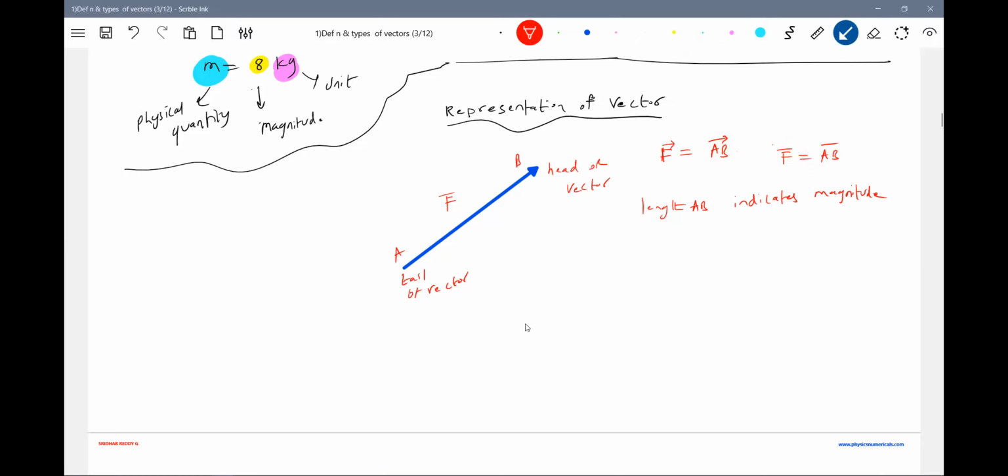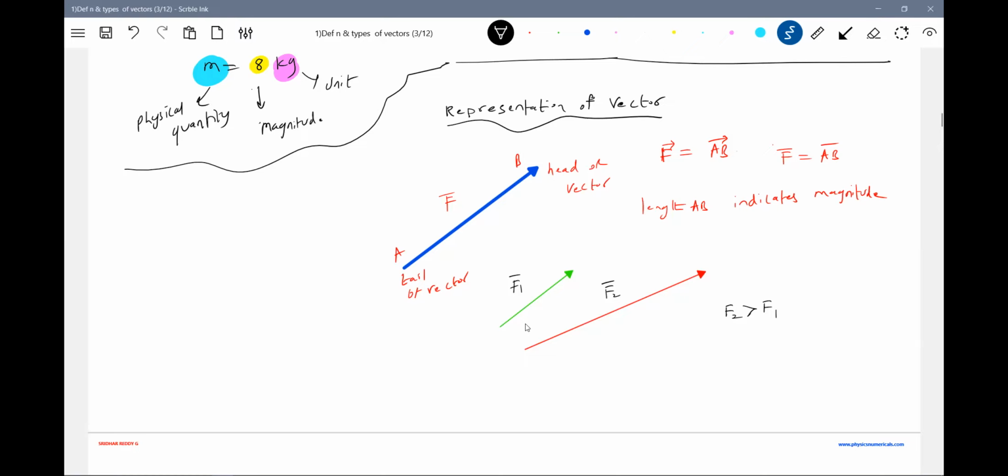Now the vectors: this is F1 bar, this is F2 bar. Look at that. Length AB indicates magnitude, meaning the length of this vector indicates the magnitude. Which has more length? This one. So I can write the magnitude of force F2 is greater than F1. This is one representation of a vector.